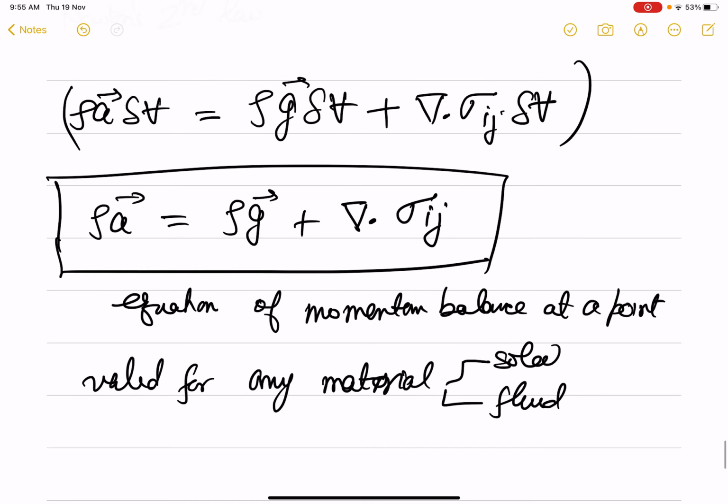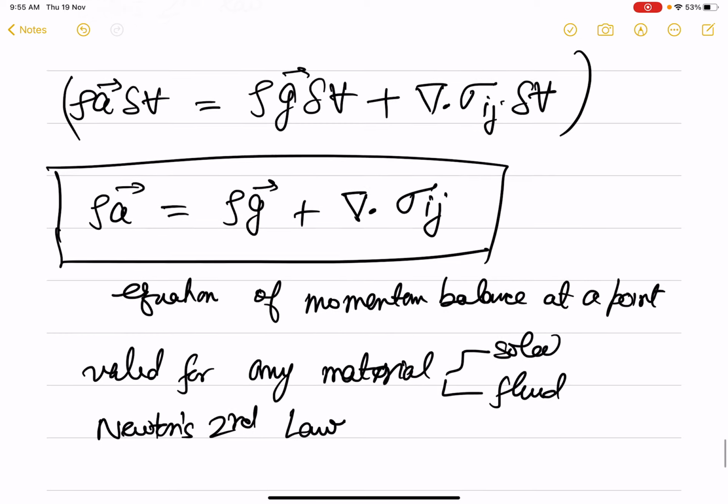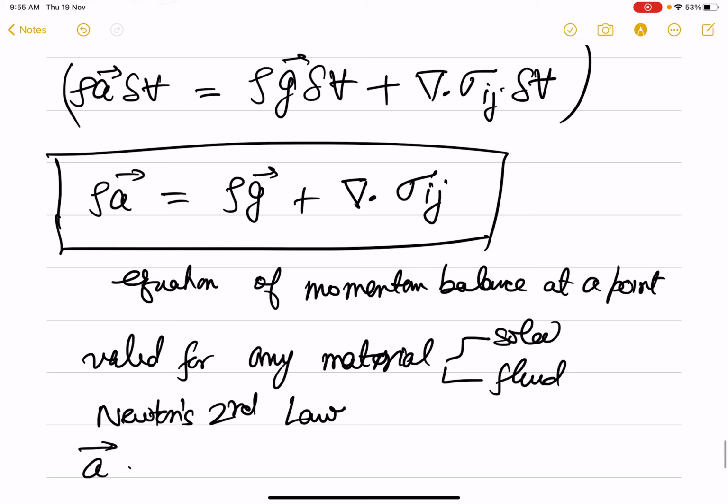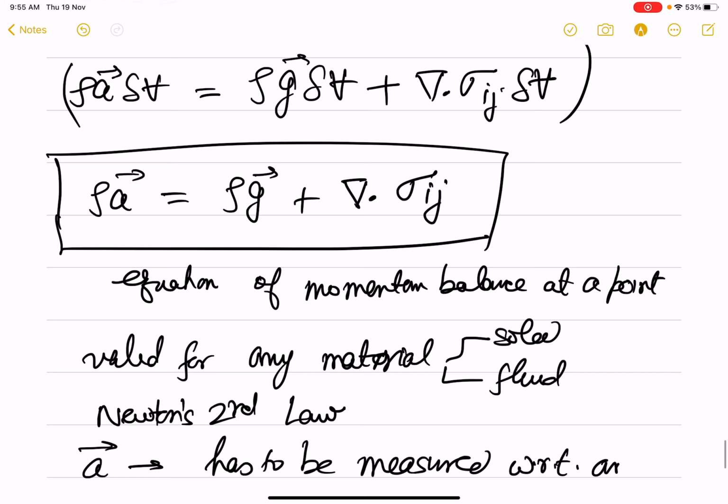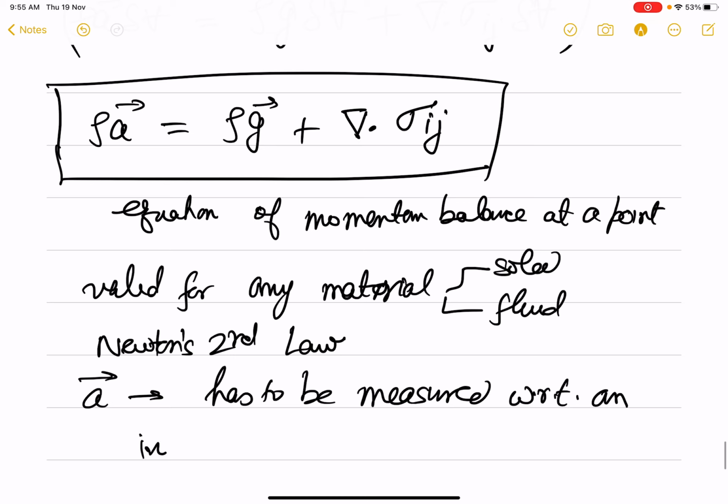This is basically as good as Newton's second law. So the restrictions on this equation are the same as we have for Newton's second law, and the only restriction which I could think of is that acceleration has to be measured with respect to an inertial frame. This is what we have for a particle.